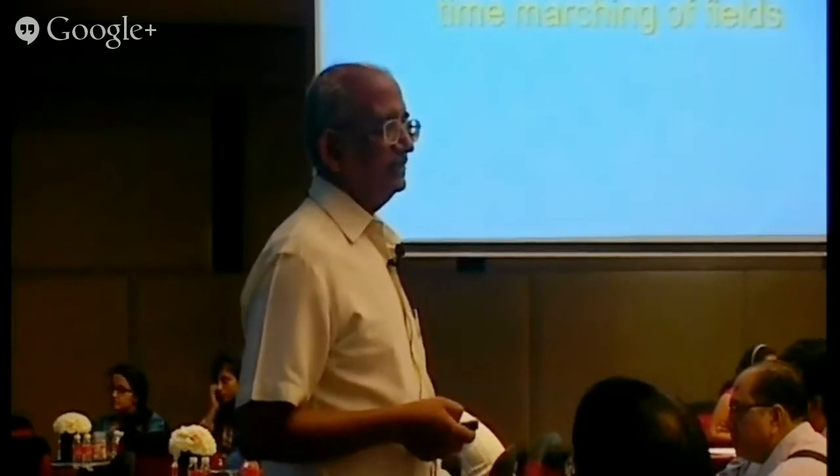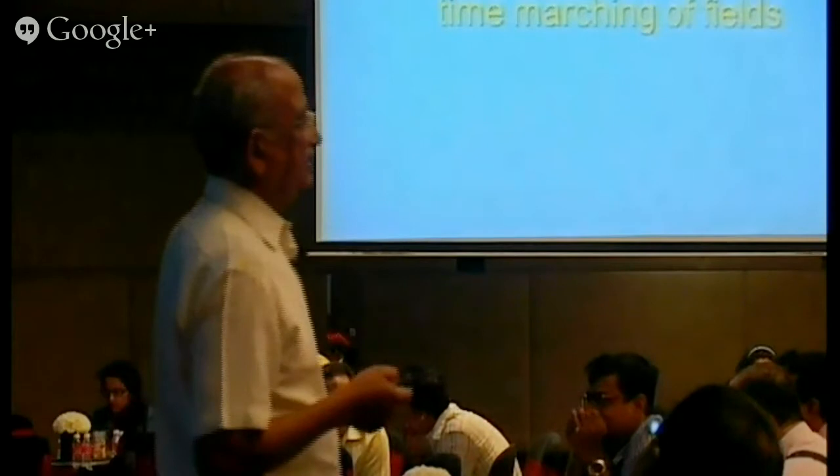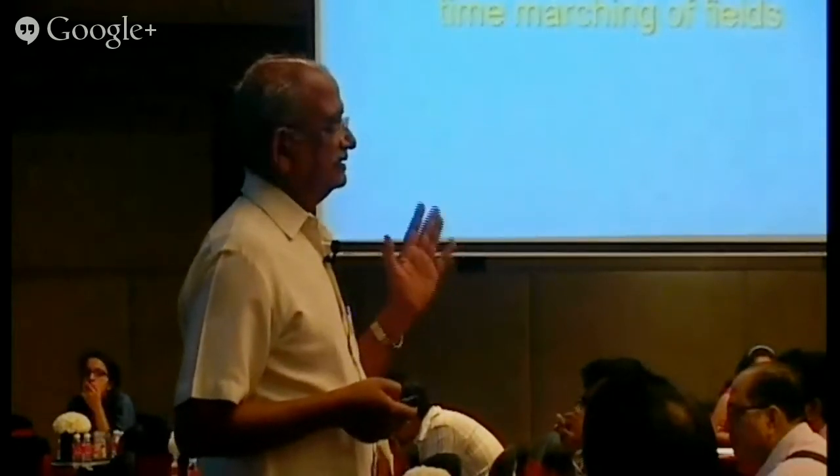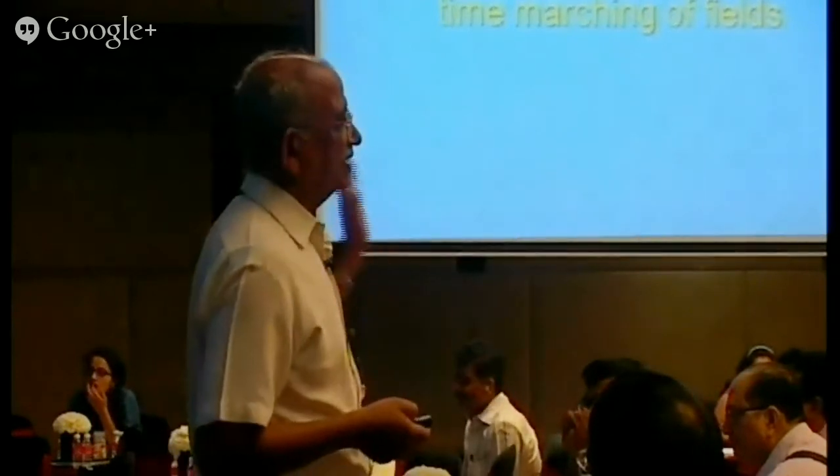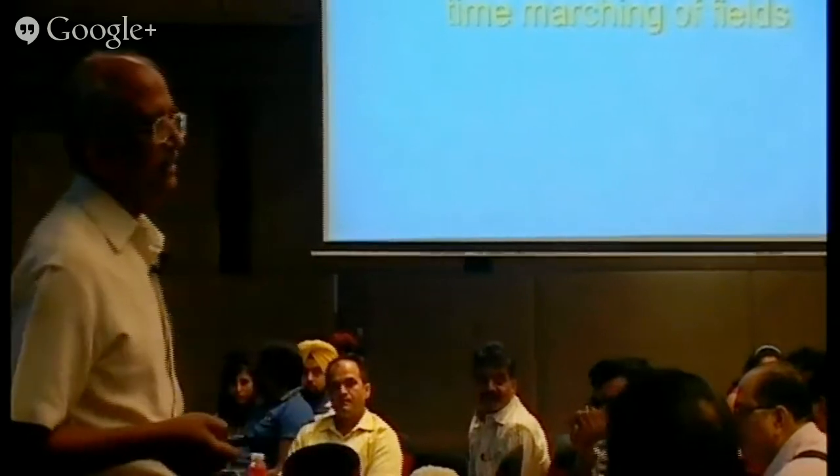How is this space-time marching of fields simulated in FDTD? We take it for granted, as far as analytical methods are concerned, that if there is an excitation source, then this excitation propagates with time. How do we simulate that in FDTD, or how does it get generated?